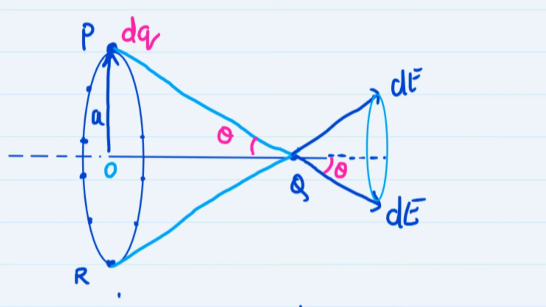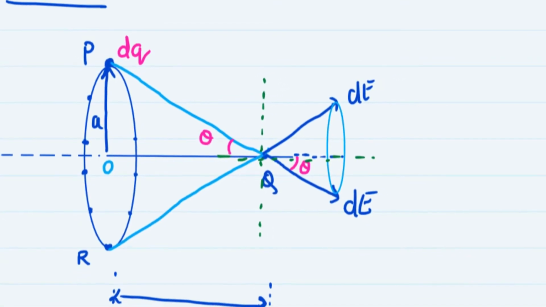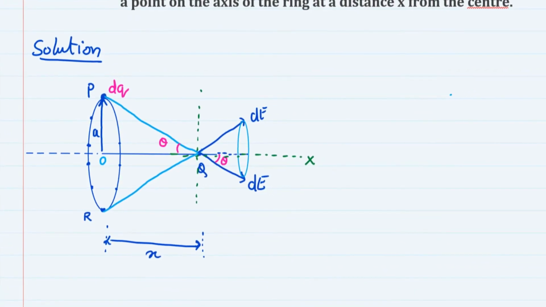So if I assume there are two axes, x axis and y axis, one perpendicular to the axis of the ring and the other along the axis of the ring, I have to make components of dE. The dE will have a component dE cos theta this way, and dE sin theta this way.